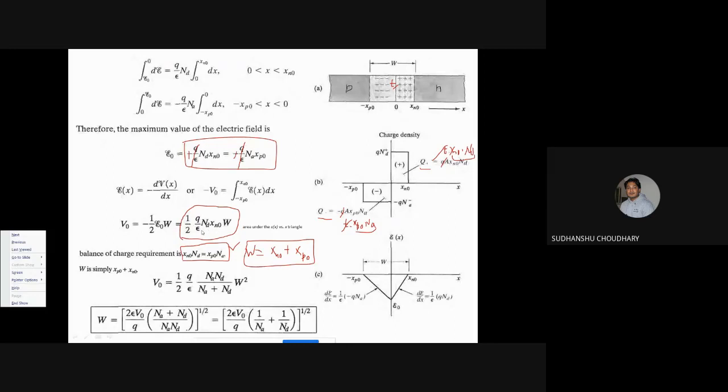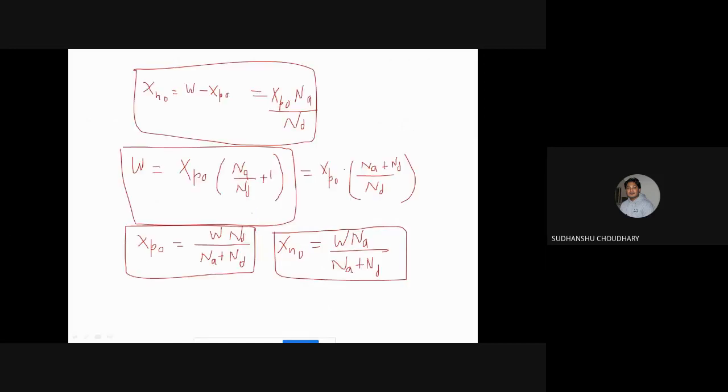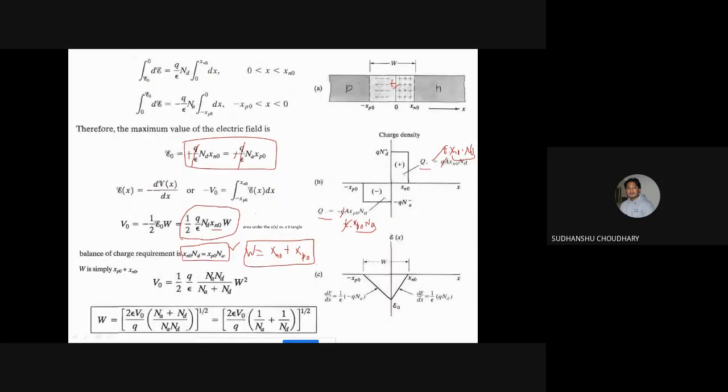Okay. So this will give me E0. We wanted to find out the maximum electric field, which can be found if I put Xn0 in this equation. Xn0 we already have now. This Xn0 now has only three terms, that is doping concentrations and W. So this can be put over here to find out E0 in terms of W and Na, Nd.